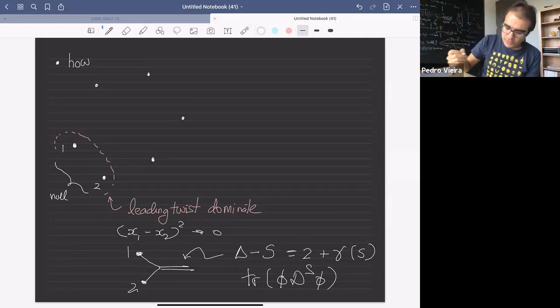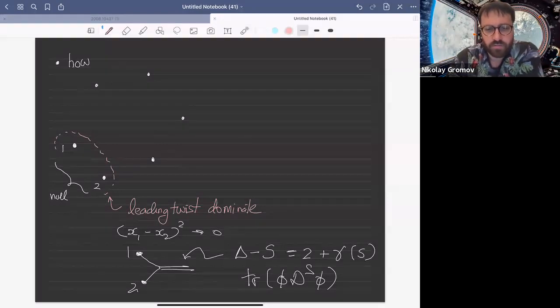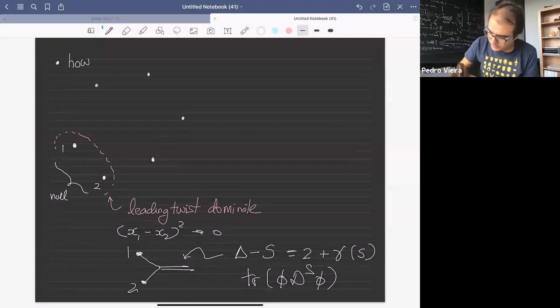Okay, so what is happening is that if I take point 1, 2... Yes, smallest twist, but the notion of which twist is smallest could change with the coupling, right? So that's a good point. Okay. So this has the smallest twist. This twist is 2 plus some anomalous dimension.